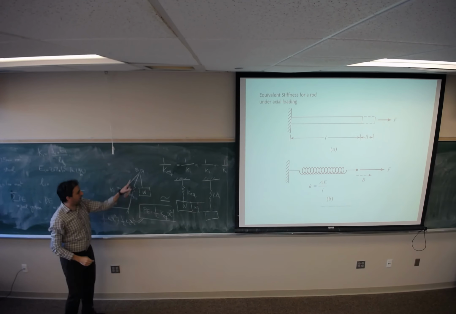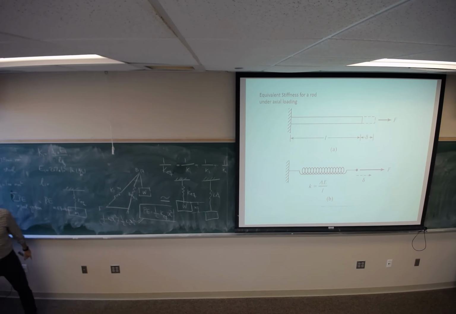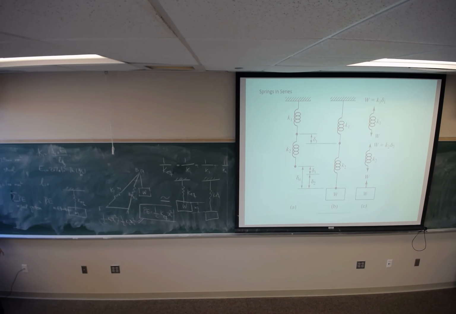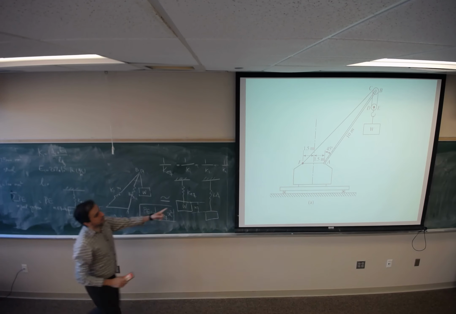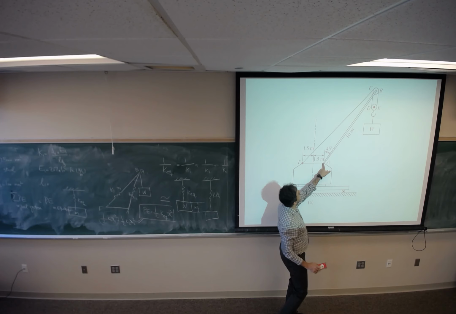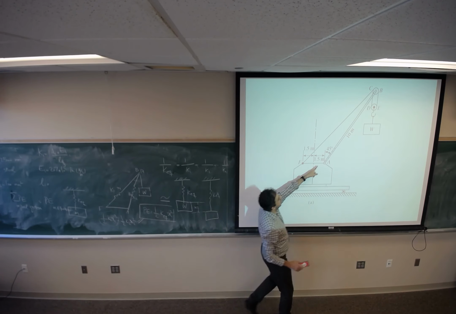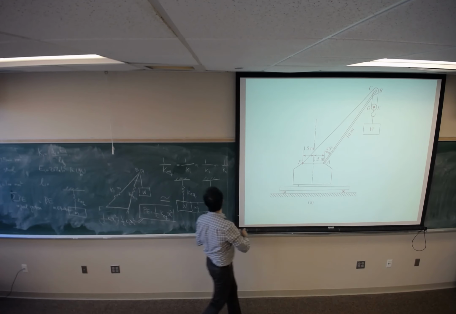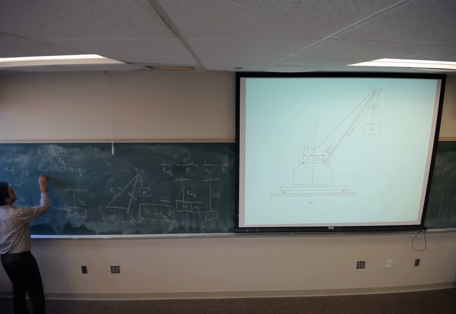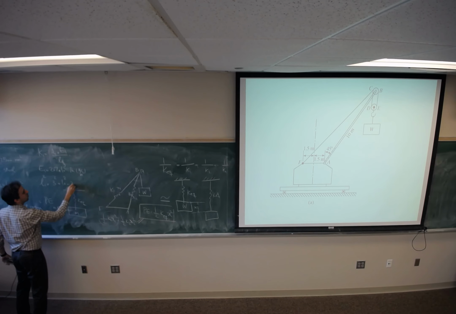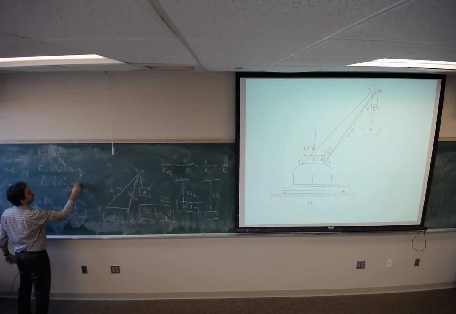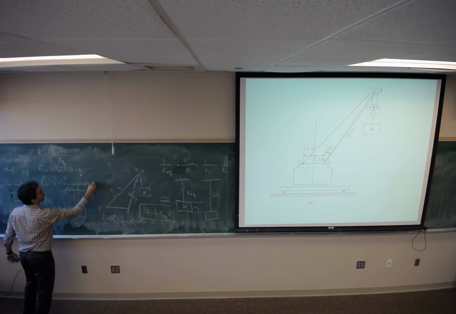How can I find L1? This length is 3 meter, this length is 10 meter, and this angle is 135. So L1 square would be 3 square plus 10 square minus 2 times 3 times 10 cosine of 135.